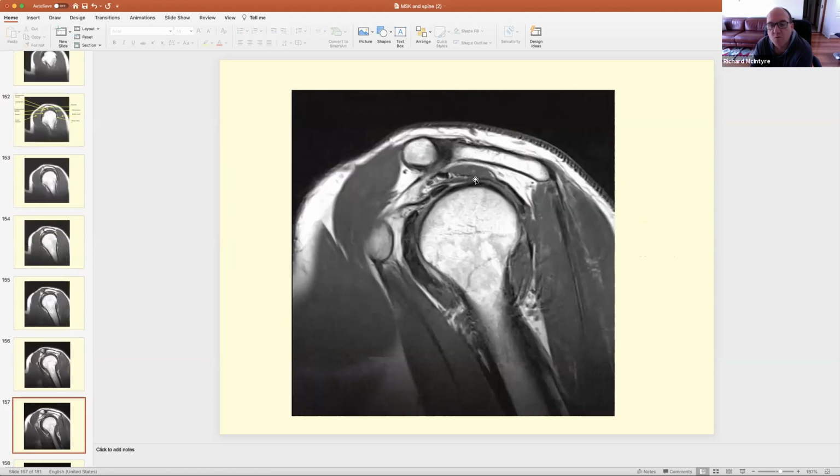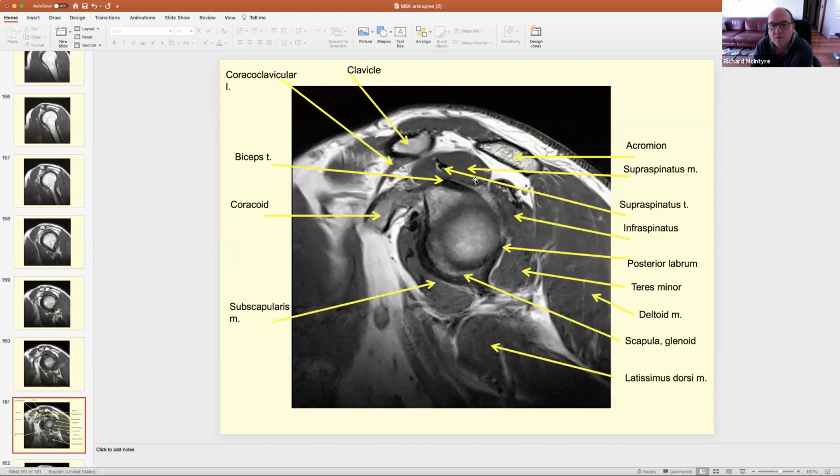And then as we come more medial, we have a very busy slide here that shows you the lateral aspect of these muscles. Okay, so there's the supraspinatus muscle, and there's the tendon there, okay, in the middle. Okay, and then of course we've got all the muscles and tendons there.